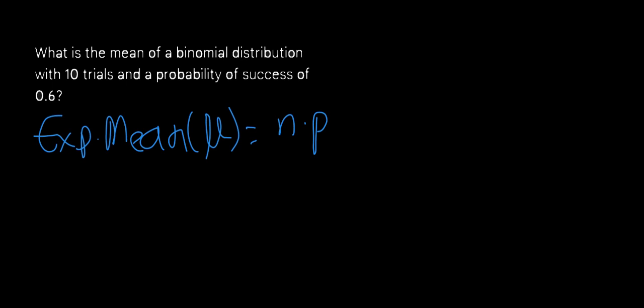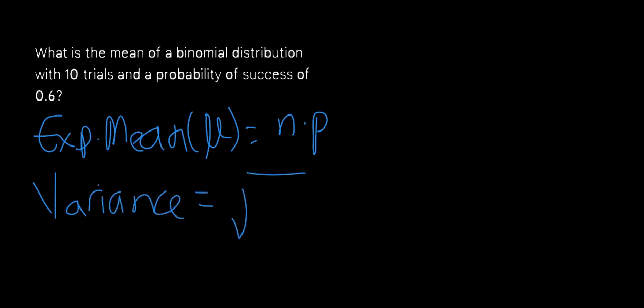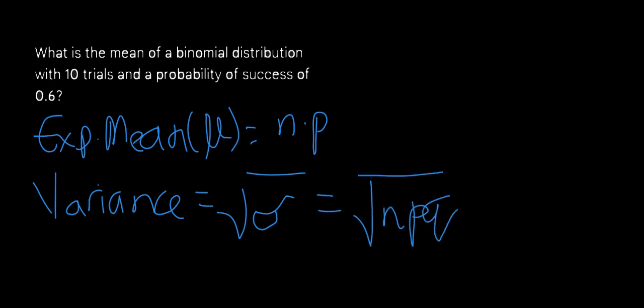And we have our variance. We know it to be the root of our standard deviation. Now standard deviation is the product of our n, p and q, where q is just the probability of a failure, also denoted as 1 minus p.